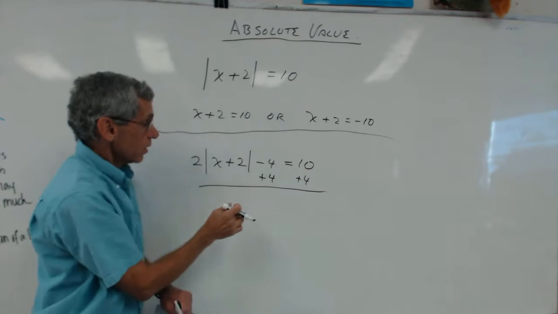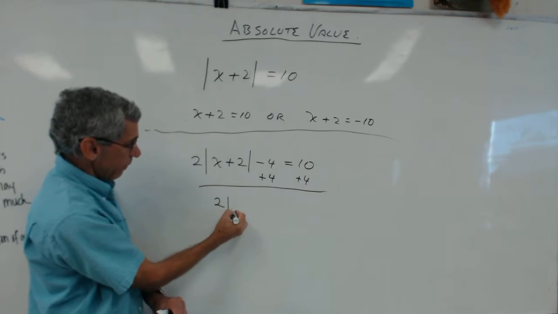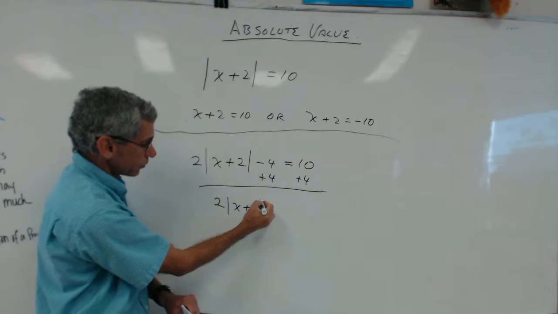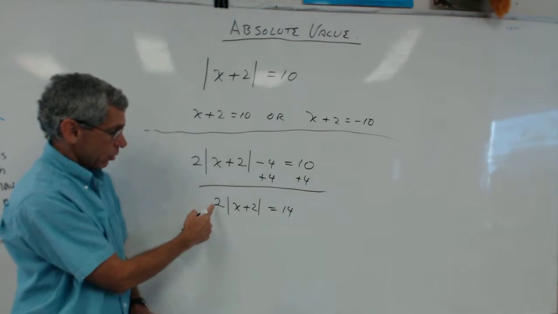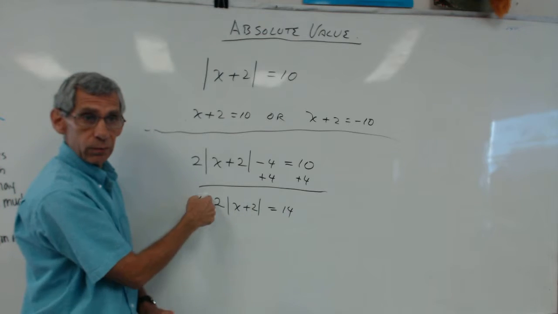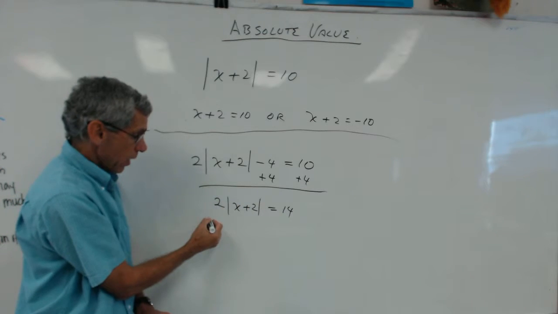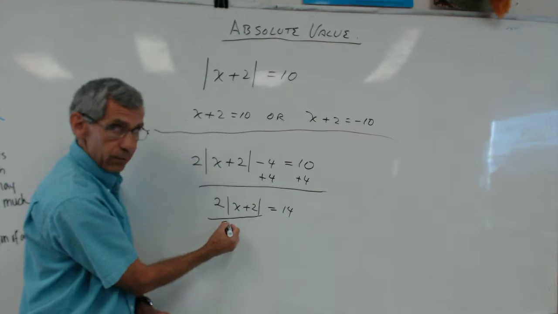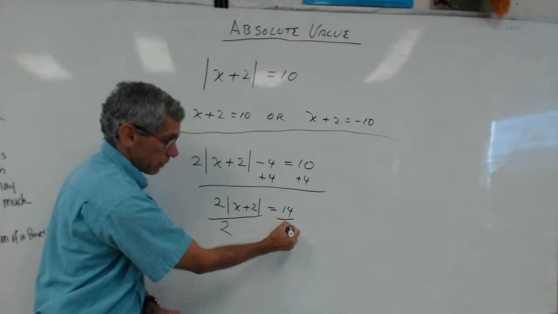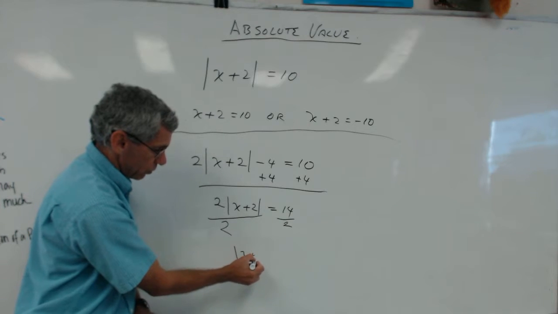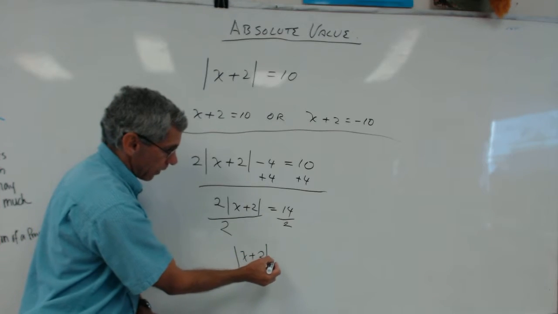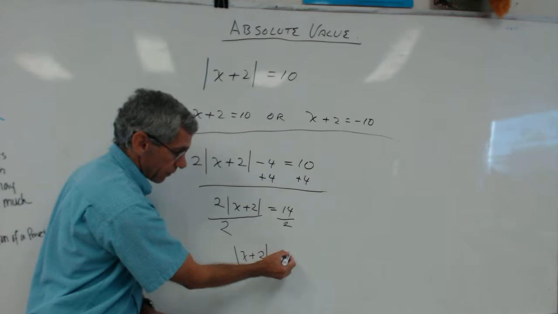So get that over. Then I have 2 times the absolute value of x plus 2 equals 14, right? Now I could do my distributive property if I wanted to. But I could just divide by 2, divide by 2, and now all I have left is the absolute value of x plus 2 equals 7. You with me?